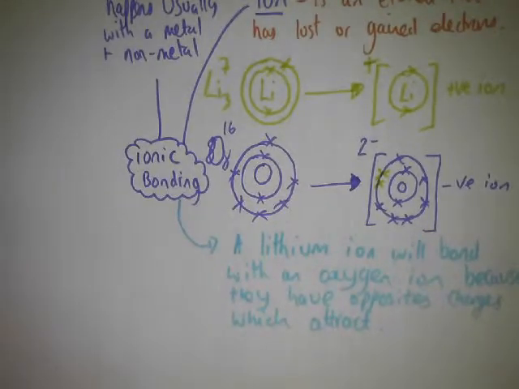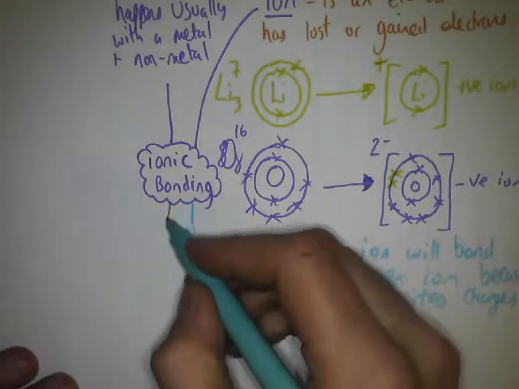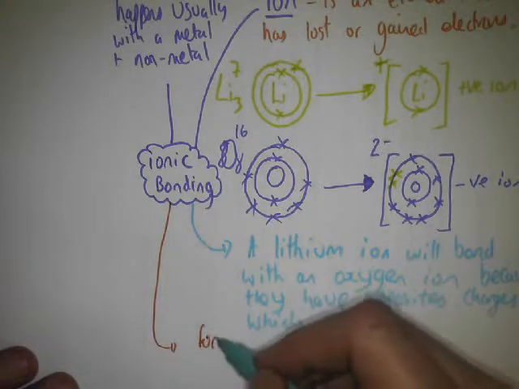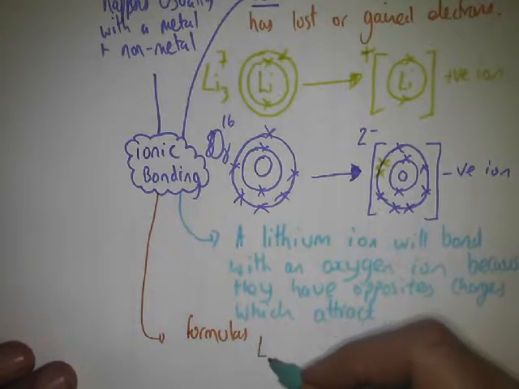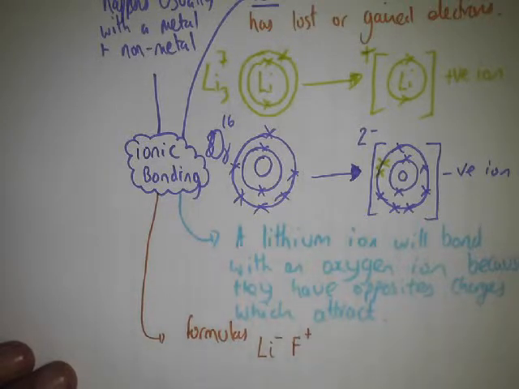Okay. Right, some of the bits and bobs then. It's only a short podcast, this one. You'll be glad to hear, of course. It's formulas. Sometimes you'll get questions that give you 2 ions and say, what formula will this be? So let me show you the trick of the trade for this one. The question might be, Li plus, F minus. What's the formula of these 2 ions when they bond?